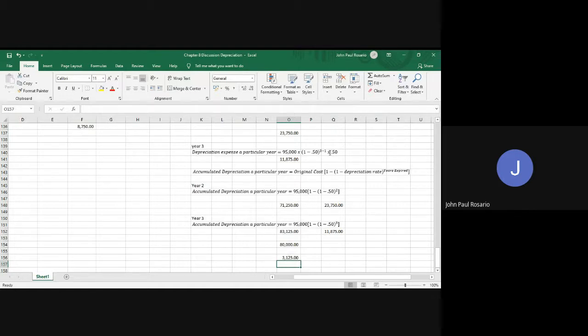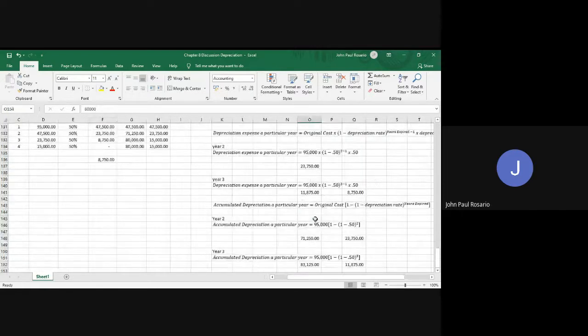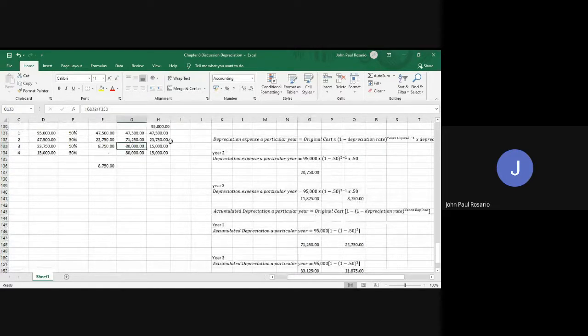So your adjusted depreciation expense for year 3 will be the 11,875 less your adjustment for depreciation, giving an adjusted depreciation expense of 8,750 and an accumulated depreciation of 80,000.